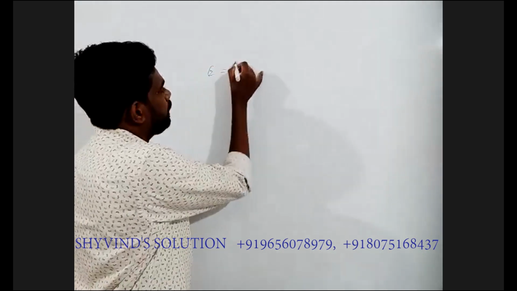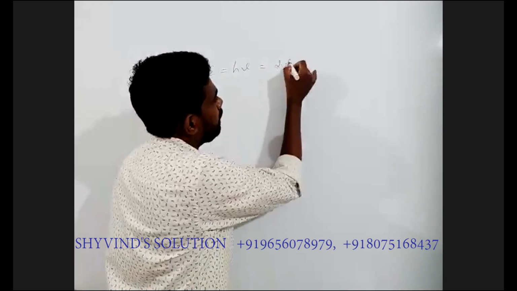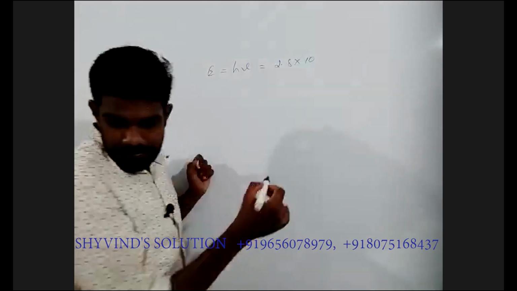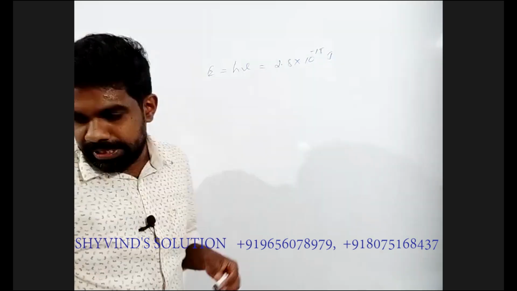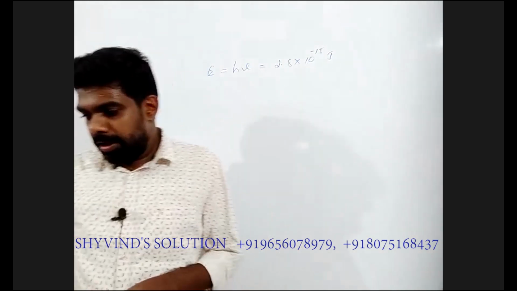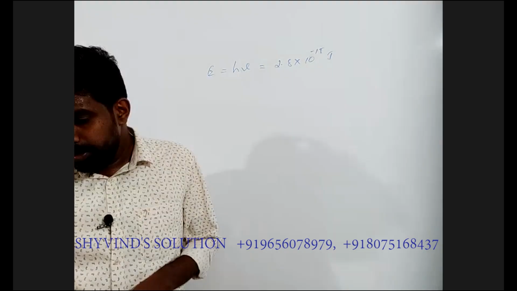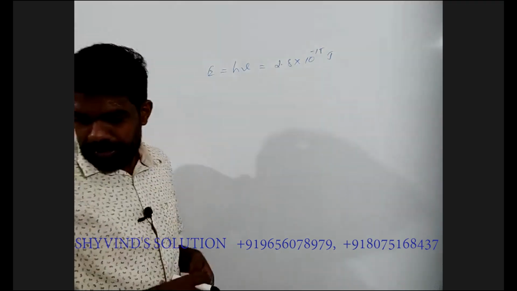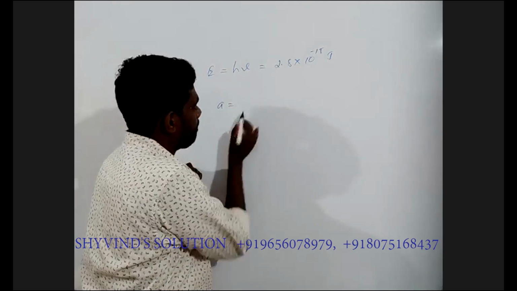Monochromatic X-ray having energy 2.8. Okay, energy is given. E equal to h nu, we know that. E equal to h nu is given 2.8 into 10 raised to minus 15 joules. So that is the energy. So we should find out the length of the unit cell. So we should find out the a.